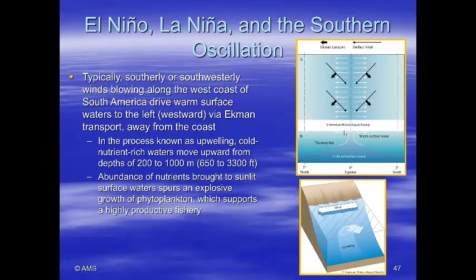In a process known as upwelling, cold, nutrient-rich water moves upward from a depth of 200 to 1,000 meters. The abundance of nutrients brought to the sunlit surface spurs an explosion of growth of phytoplankton, which supports a highly productive fishery.